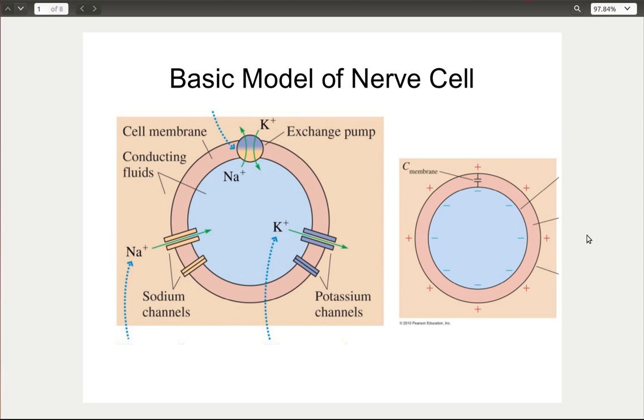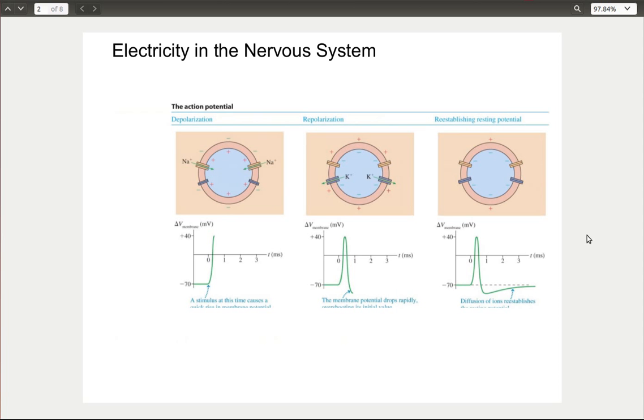Okay, so let's talk about how this nerve cell can change. Sometimes a nerve cell will open its sodium channels, and when that happens, sodium flows from the outside to the inside, and that will change the average charge inside to a positive number.